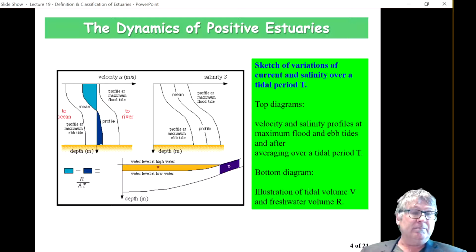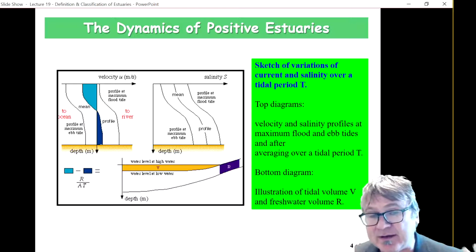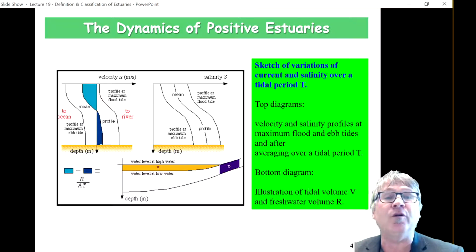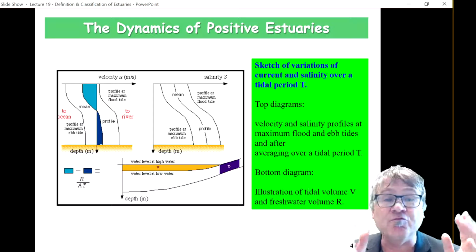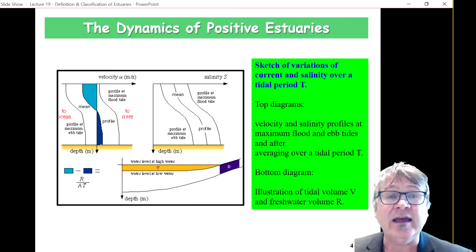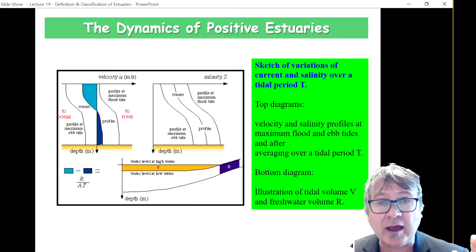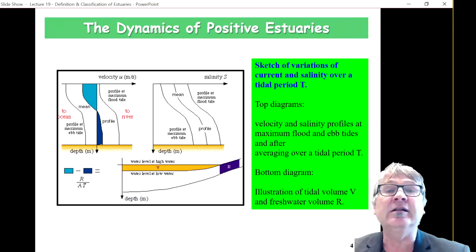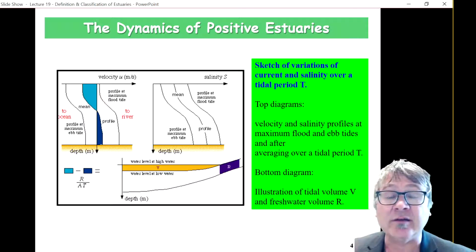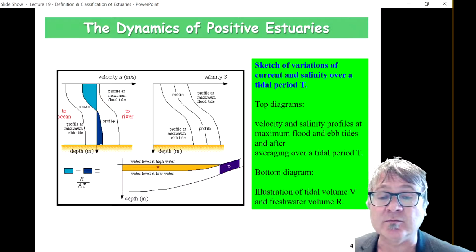At the same time, and we're talking about a tidal period, we have the inflow of a certain amount of river water into the estuary. This volume over a tidal cycle, we call R, the river volume.